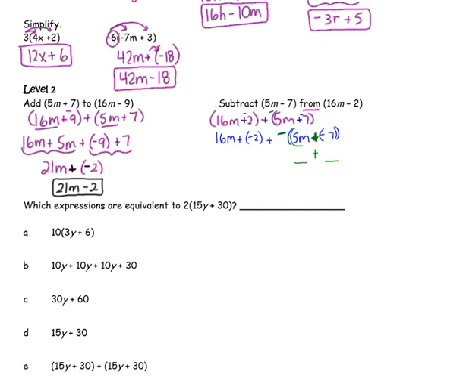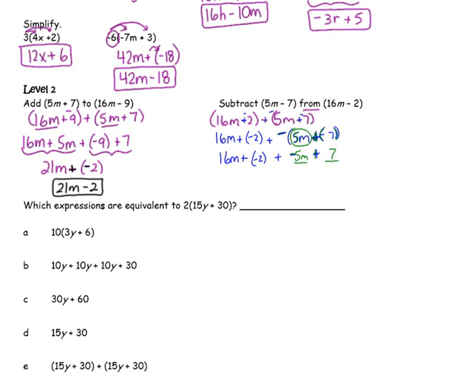The opposite of the first term is 5m, and it will be negative. It's positive here, so the opposite is negative. The opposite of negative 7 is positive 7. So the opposite of the sum is the sum of the opposites. And then just bring down the rest of the problem, plus the negative 2 plus 16m.